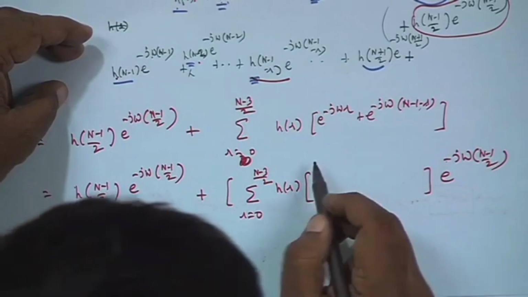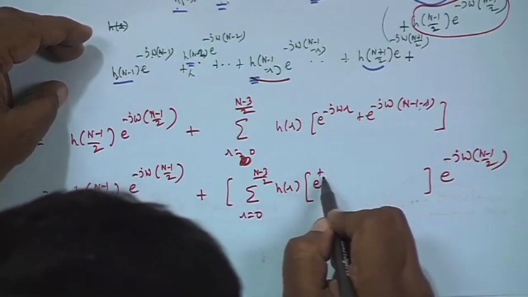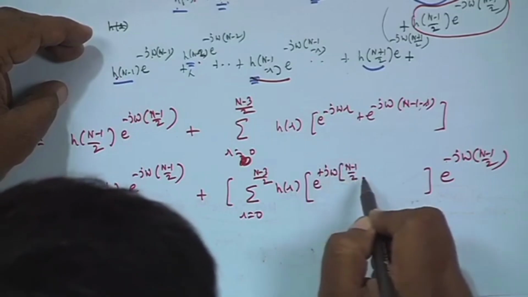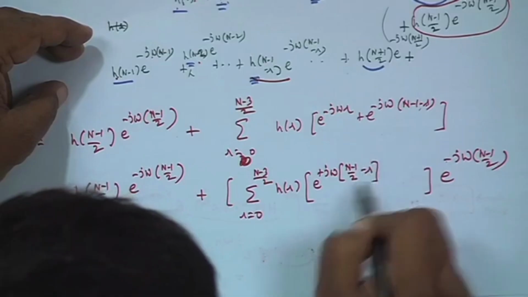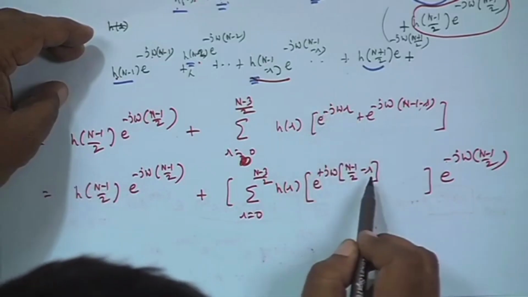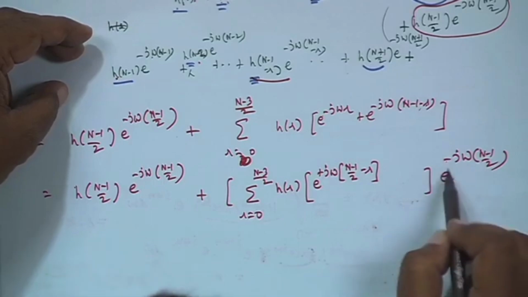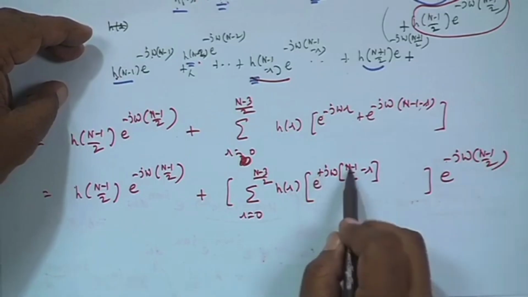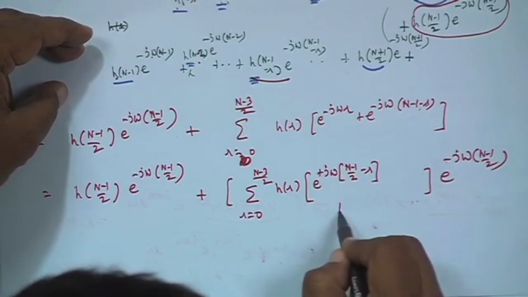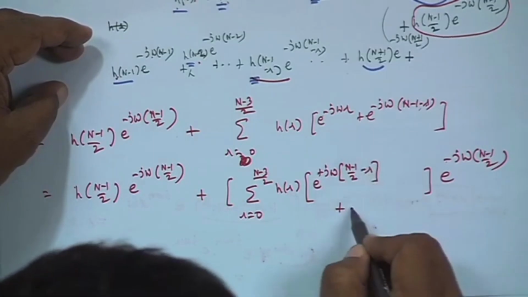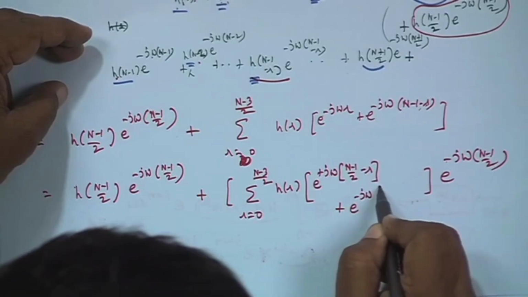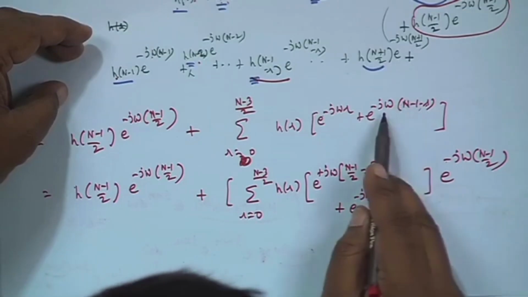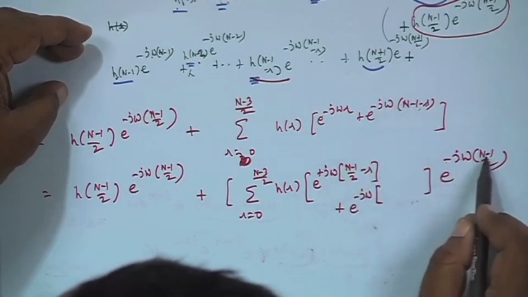So, e to the power plus j omega, minus r, because it was minus j omega r. So, minus j omega r, and since I am taking these out, e to the power minus j omega times n minus 1 by 2, to cancel it you have to have e to the power plus j omega times n minus 1 by 2 there. And here, already I had e to the power minus j omega times n minus 1, out of which e to the power minus j omega times n minus 1 by 2 has gone.